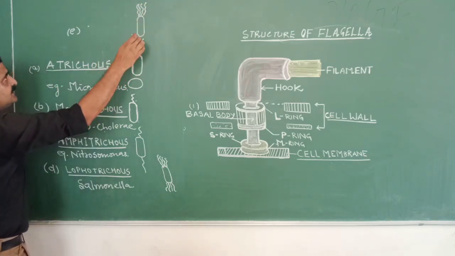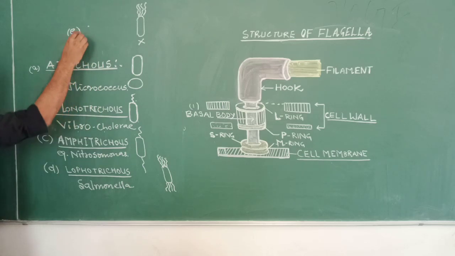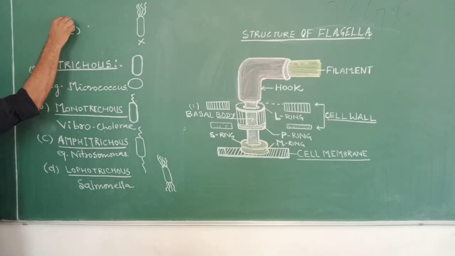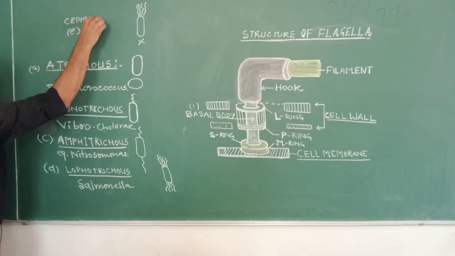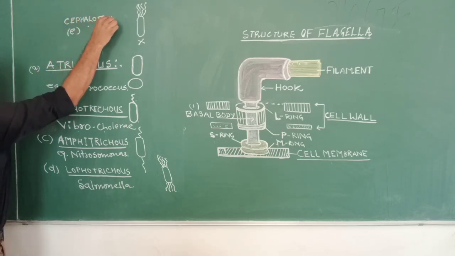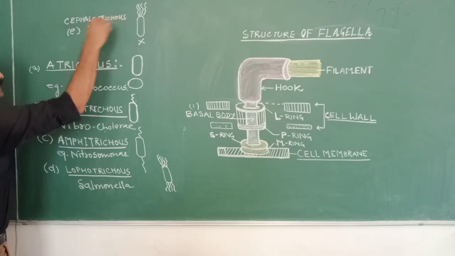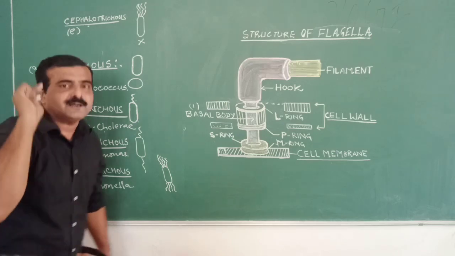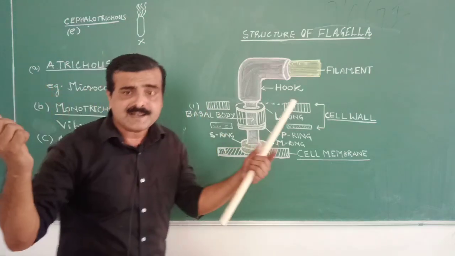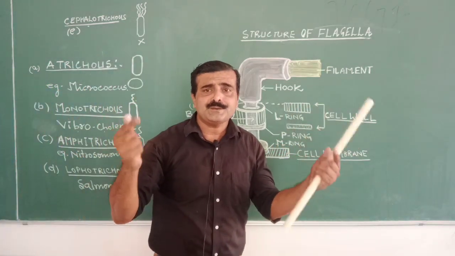Now such type of bacteria is called cephalotrichus. When the bunch of flagellum is present at one end of the bacteria, such bacteria is known as cephalotrichus.